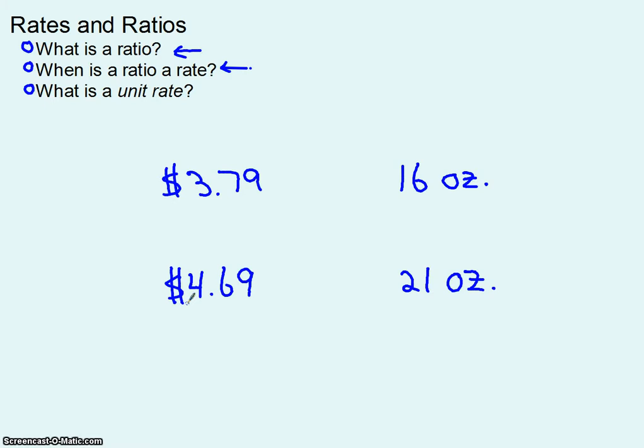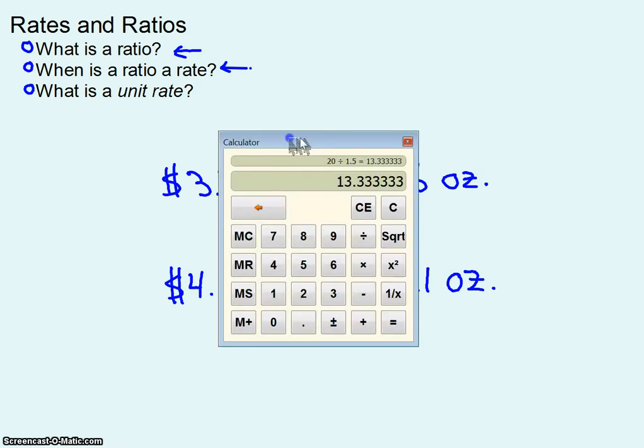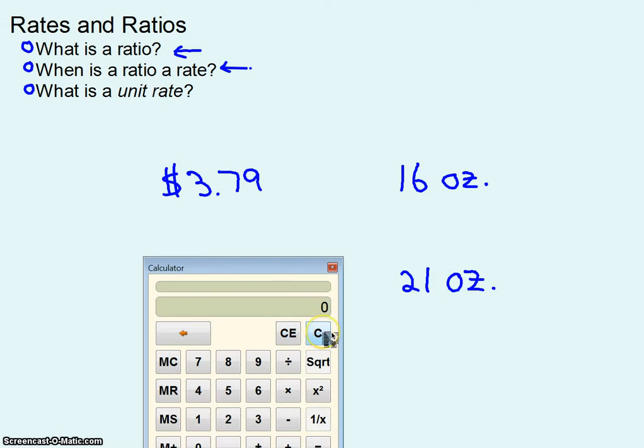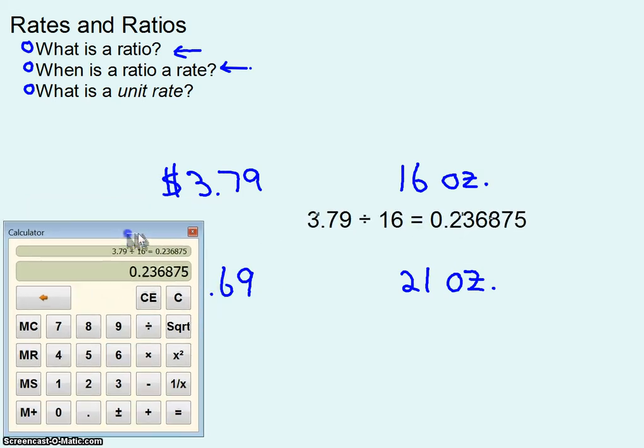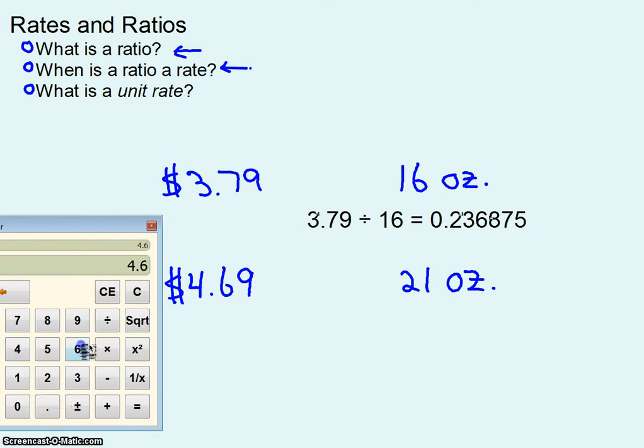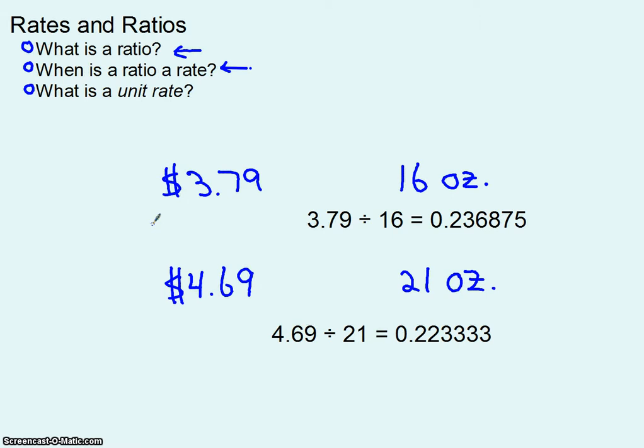What most people start telling me is, how about if you just divide and find out how much each one is per ounce? So I'll grab a calculator here and type in 379 and divide that by 16. I get a number there. I'll do the other one, 469, and divide by 21. Get a number there. Then I'm going to interpret what these numbers mean.